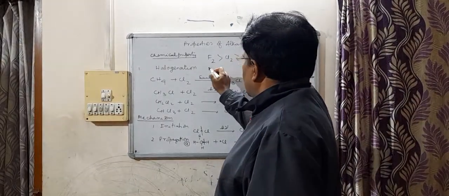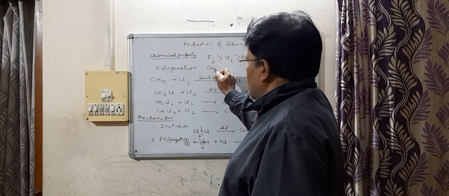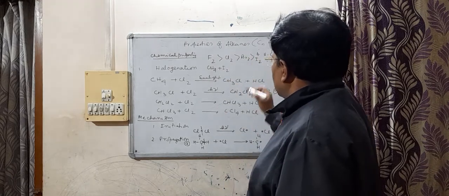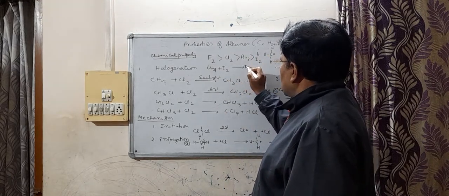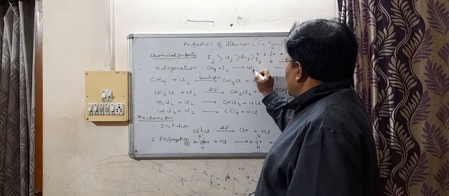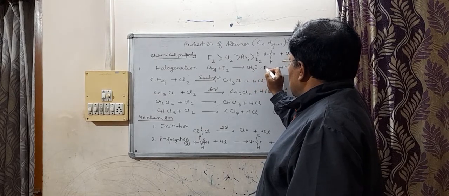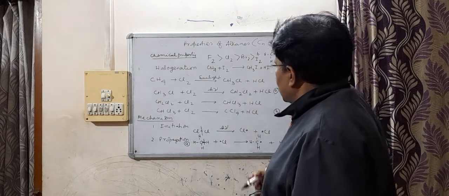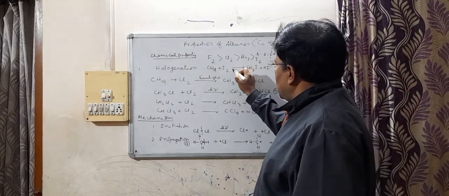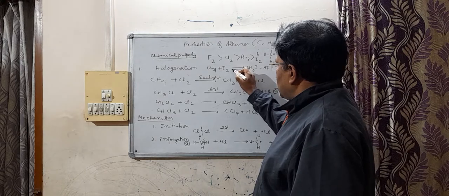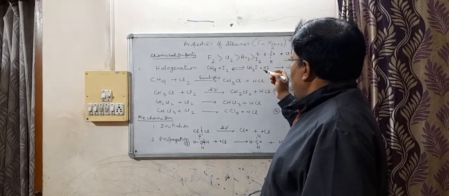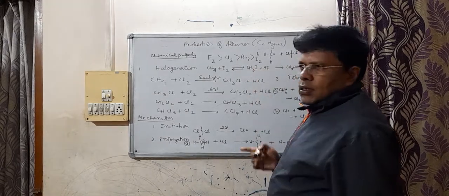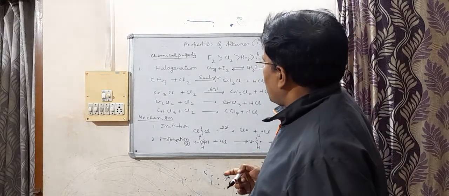Let us write the iodination equation: CH4 plus I2 forms CH3I plus HI. In fact, iodination is such that it attains equilibrium after some time, and so no further CH3I will be formed.